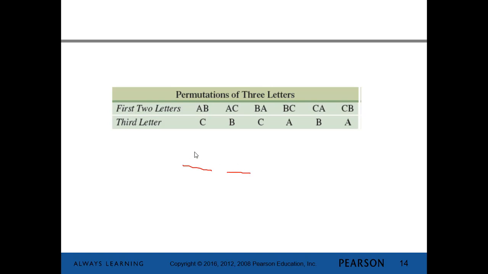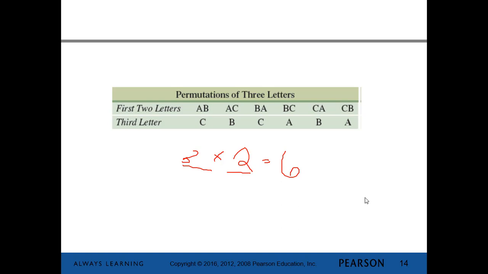We get 3 choices for the first position, and we get 2 choices for the second position. And what do we get? We get 6 again. Interesting. So we get the same number of permutations.